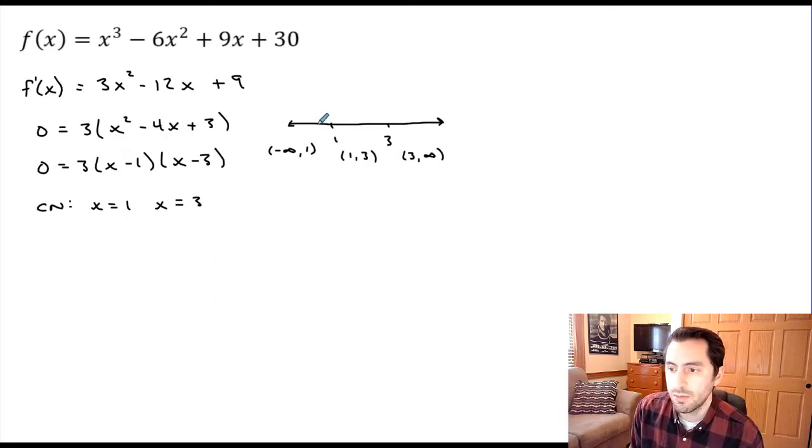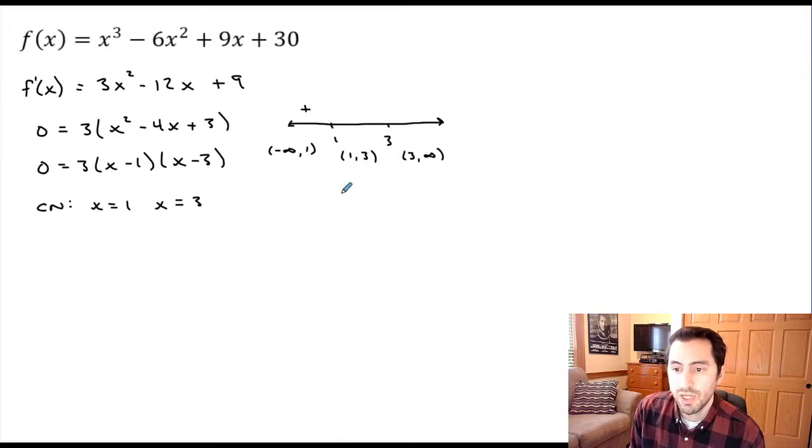So if I pick out a number that's less than 1, for example, 0, this first set of parentheses would be negative, the second one would also be negative, so a negative number times a negative number, I get a positive. In the middle, if I pick out a number in between 1 and 3, for example, I could pick out 2, but I am just concerned with the overall sign.